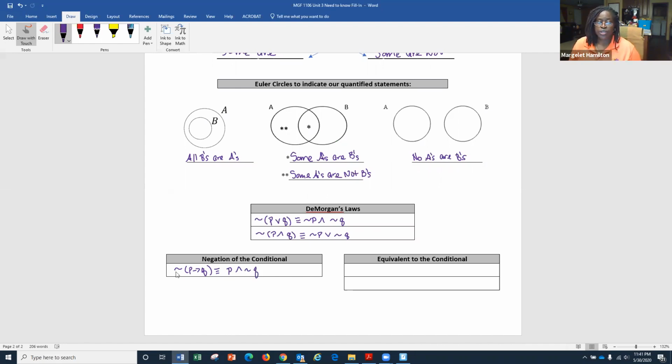So the negation of our conditional is equivalent to P and not Q.